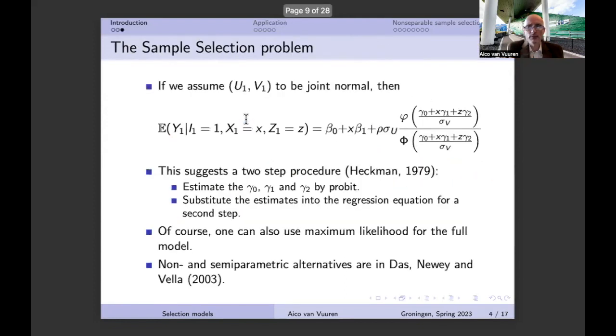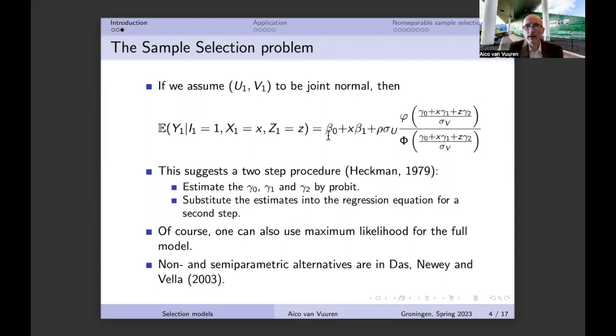For that, it's best to scroll back to this slide that we have over here. After having corrected for sample selection, that means after having done this two-stage procedure of Heckman, running a regression of y on x and on this inverse Mills ratio that we have over here, we can predict the wages for everybody.